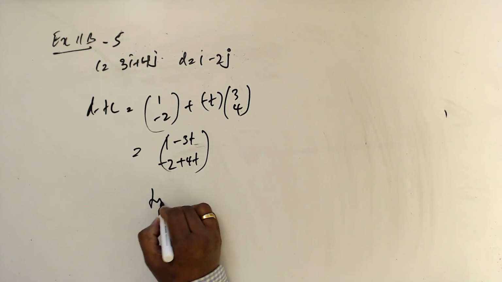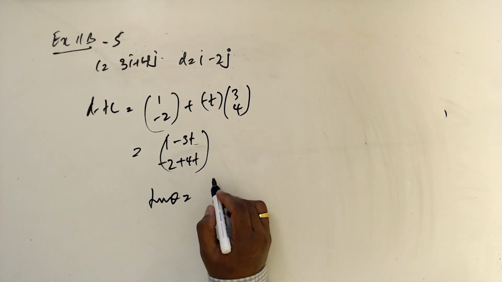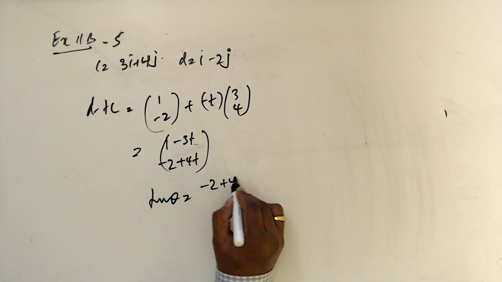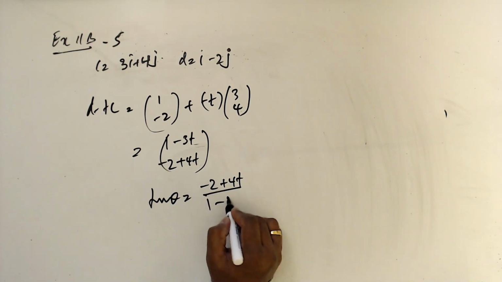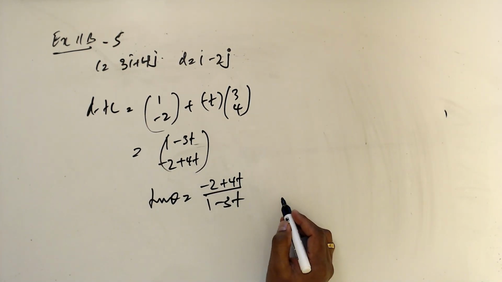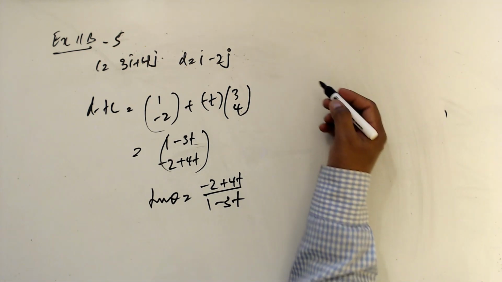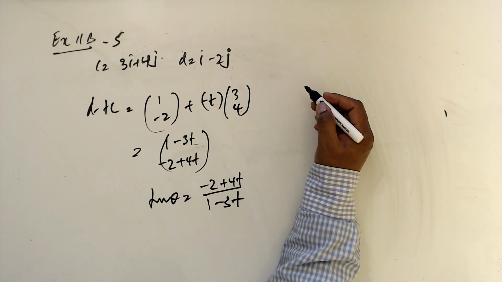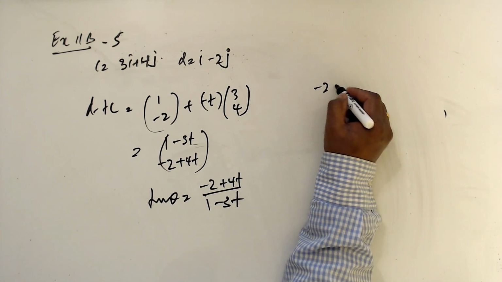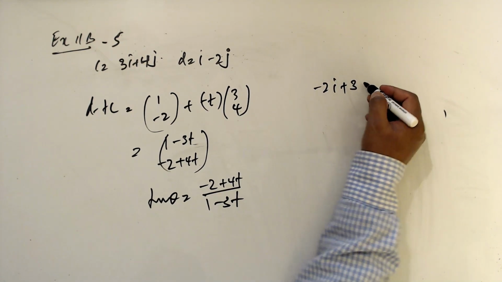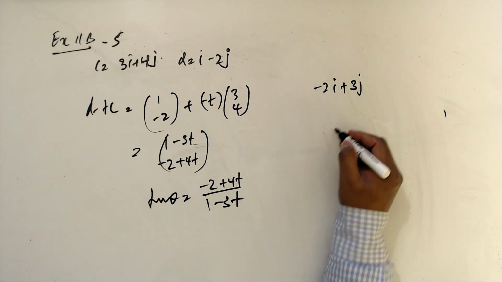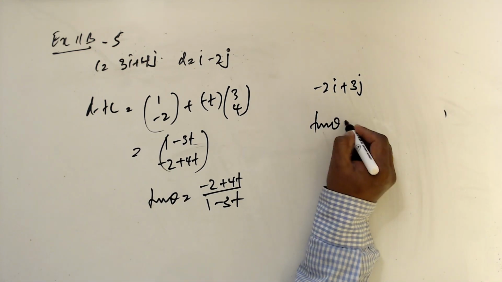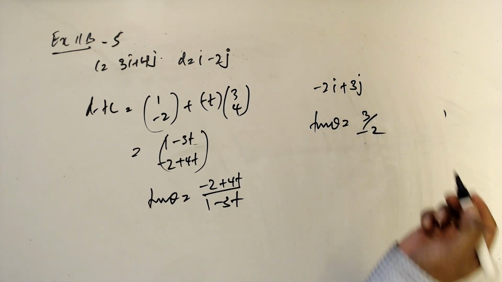So tan theta equals minus 2 plus 4t divided by 1 minus 3t. This is parallel to minus 2i plus 3j, so tan theta equals 2 divided by minus 2.